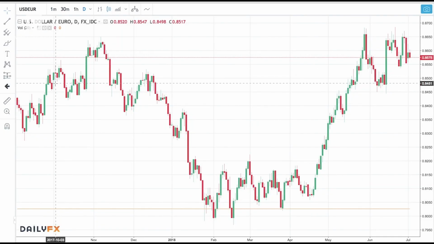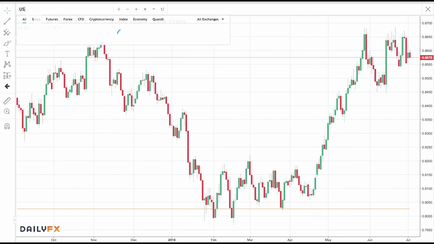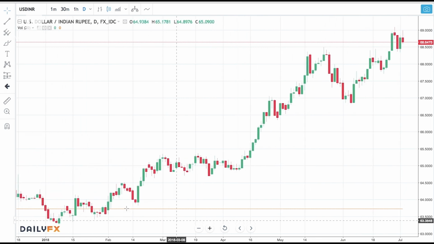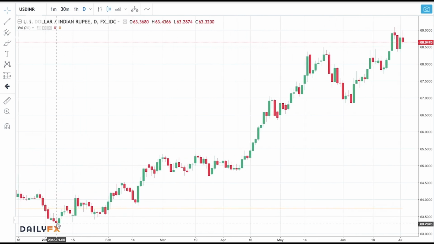So the value of a currency can only be seen against another currency, right? So let's start with the USD INR. I think you would be familiar with this and it's a great place to begin. So this is a chart of the value of USD INR against each other. Now if you look in 2018, let me zoom in. At the start of 2018, the value was 63.